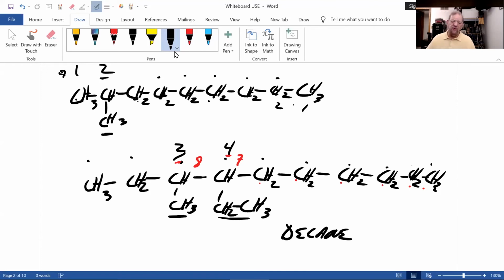Now, IUPAC rules are when you're putting the groups in front, the group with the highest alphabetical priority, that means closest to the front of the alphabet, goes first. So this would be 4 ethyl, 3 methyl.